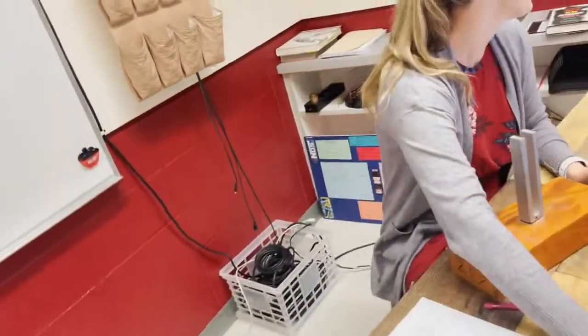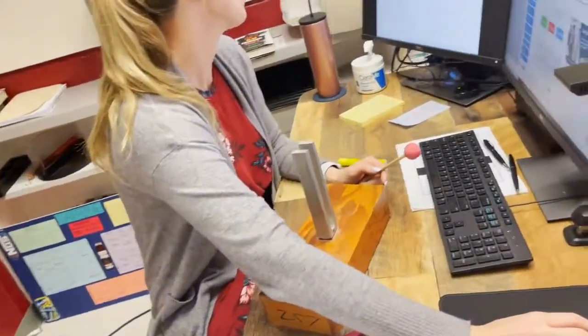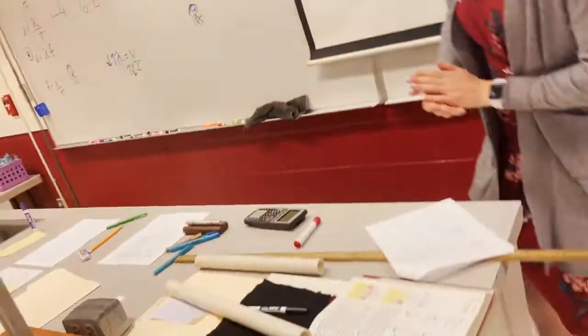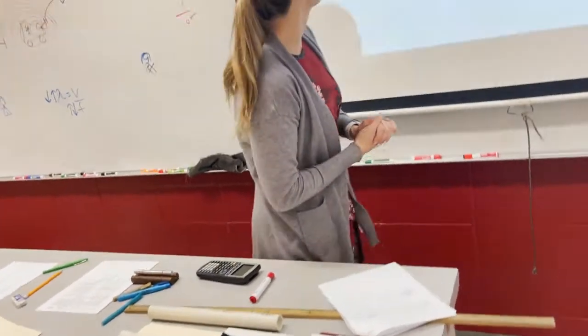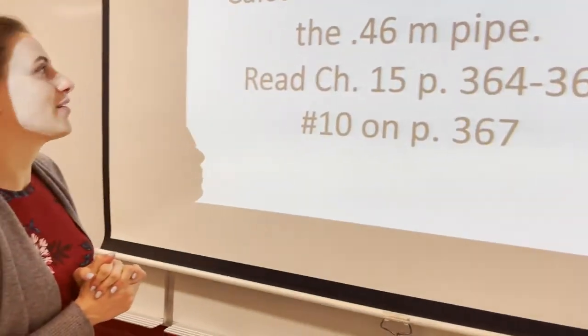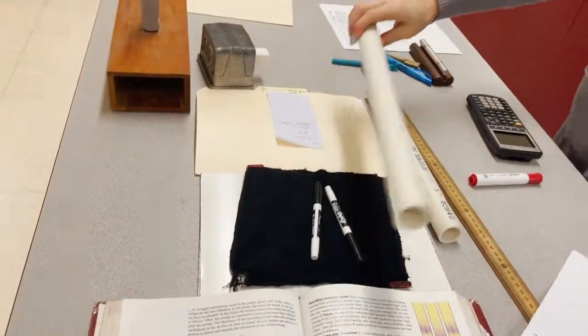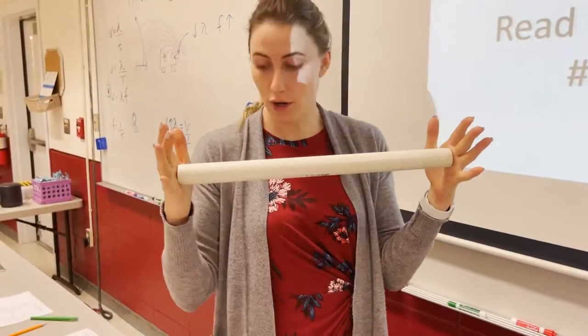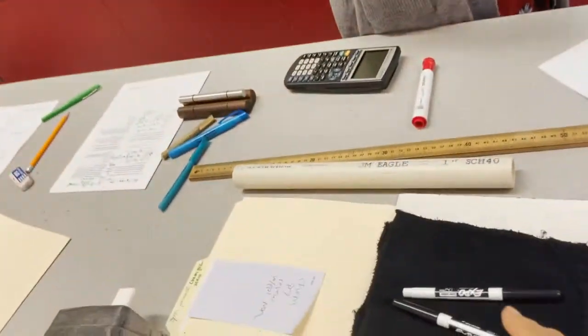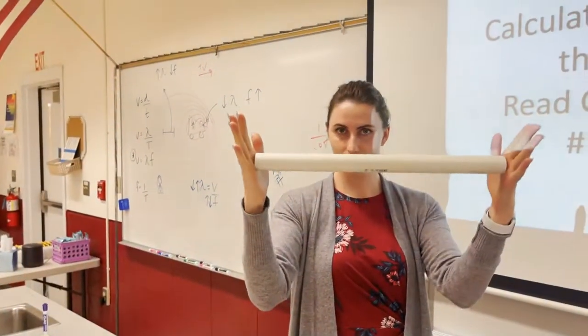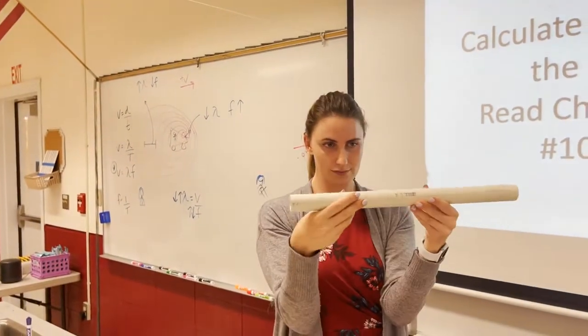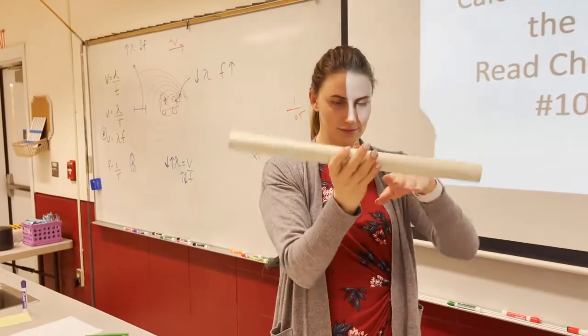Are we on homework? Let me make sure. Yep, that's it. For homework, you're going to calculate the frequency of this pipe, and I've measured it for you. It is 0.46 meters. We did this before with 0.35. Is it an open or closed pipe?